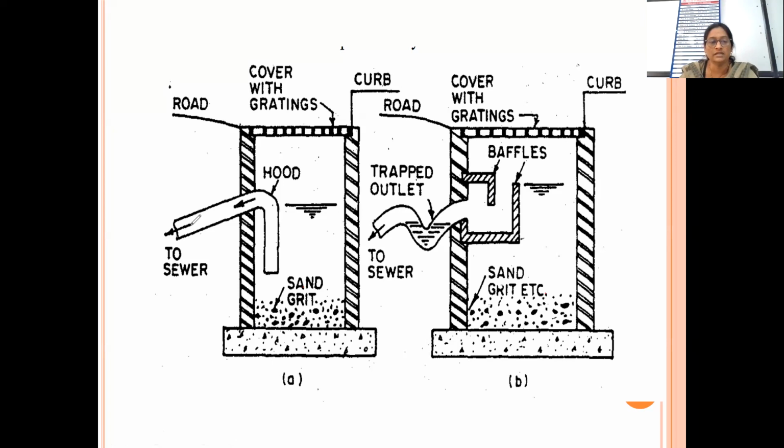You can see here, this is a hood dip up to this. Until the water level reaches up to this, the water is not getting out. It means forever that wastewater will remain up to this level.